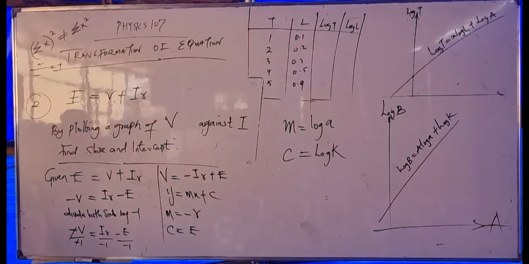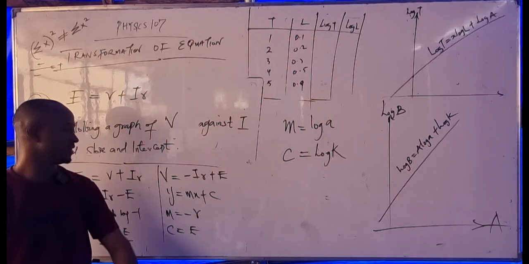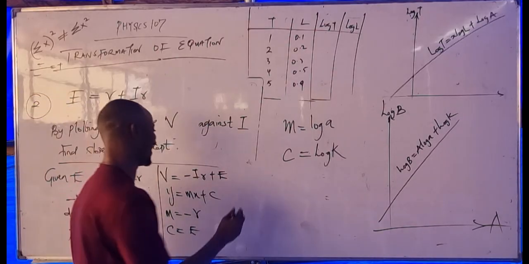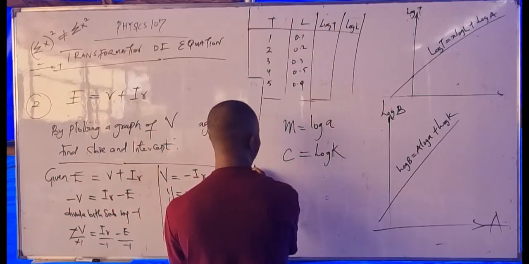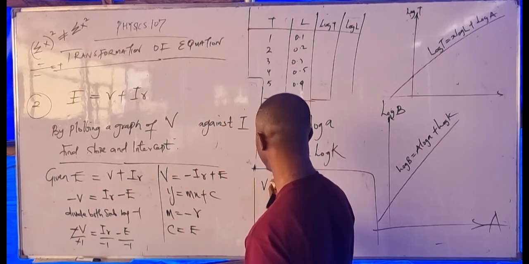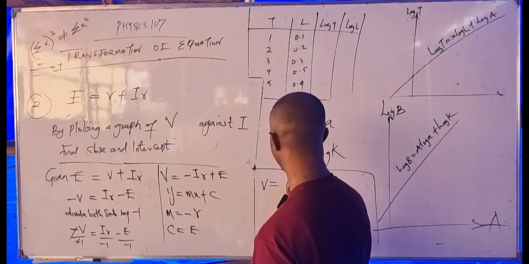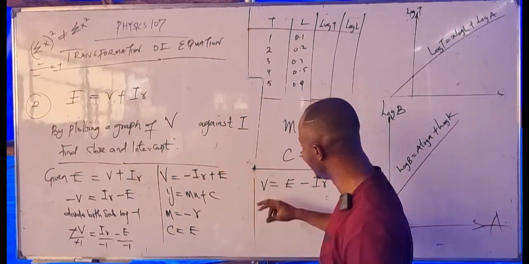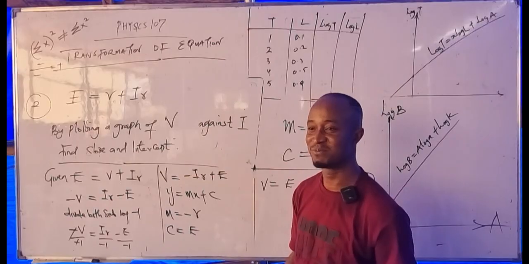What if we have to plot the graph of V against E, if at all it is possible? V against E. What will be your slope? Let me check your intelligence now. If I have V equals E minus IR, the graph of V against E, what's your slope?